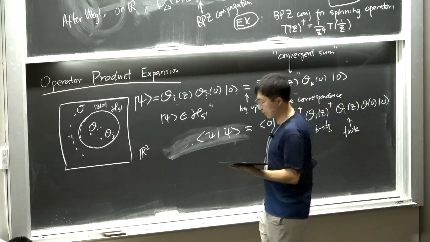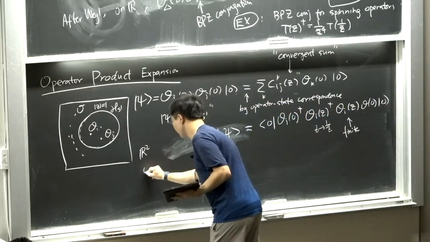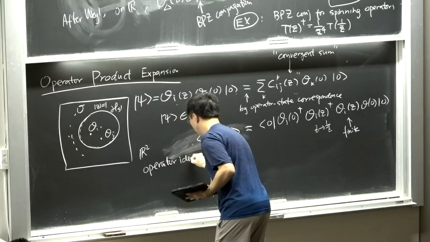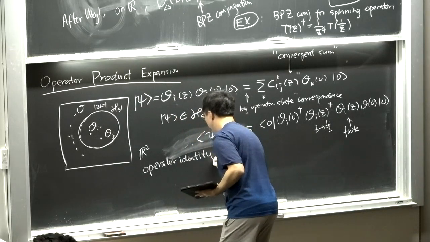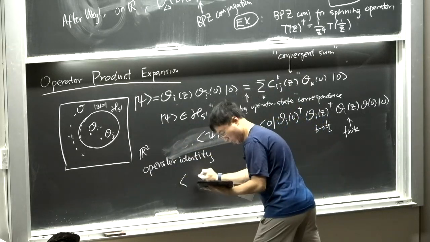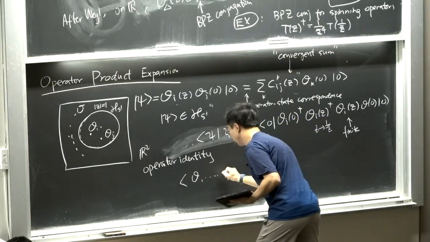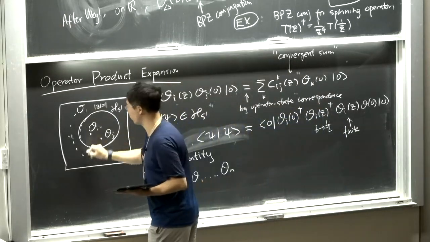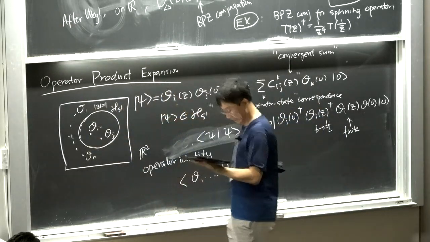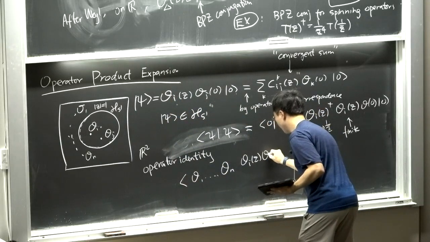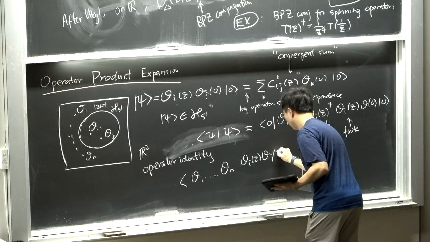And the consequence of that is the following powerful operator identity that you can insert in any correlation functions. In terms of this picture, concretely, you have a bunch of operator insertions, O1 all the way to ON, schematically, together with these operators which we want to take the OPE between.